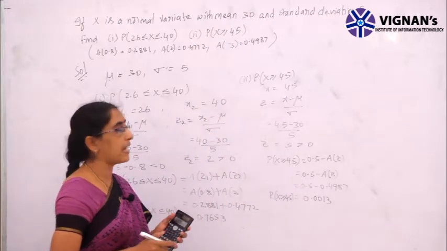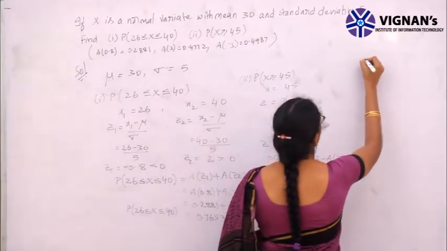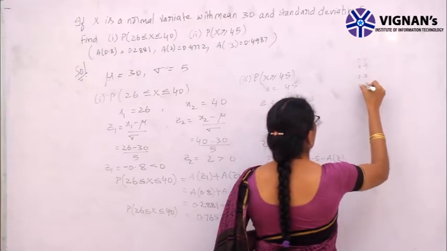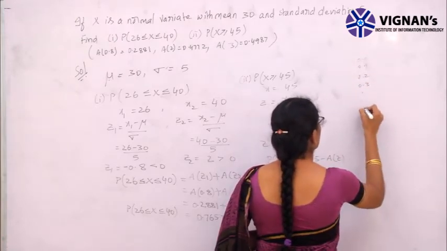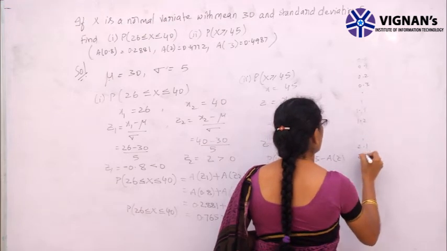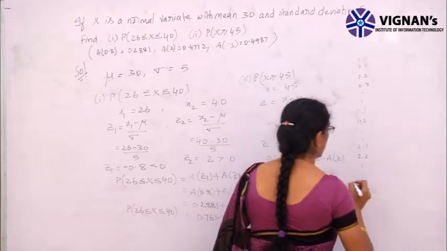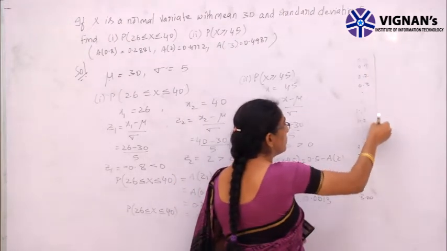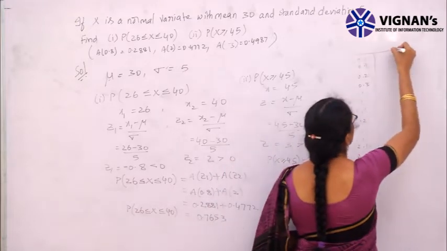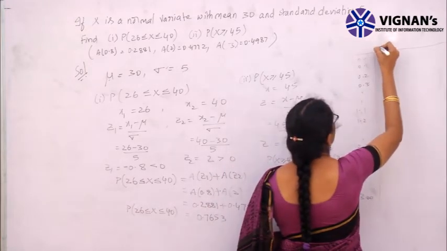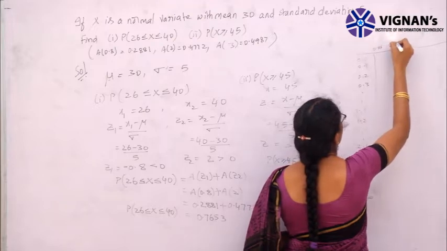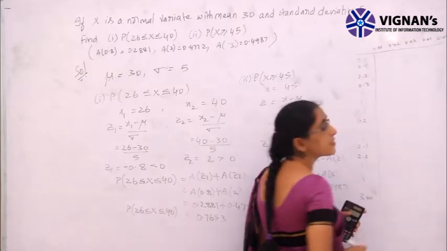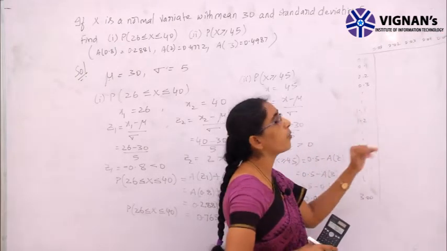Now let us see the table values here. Till 3, vertically the values will be given. Now after the decimal, the second digit is given like this. Suppose you have 1.24.